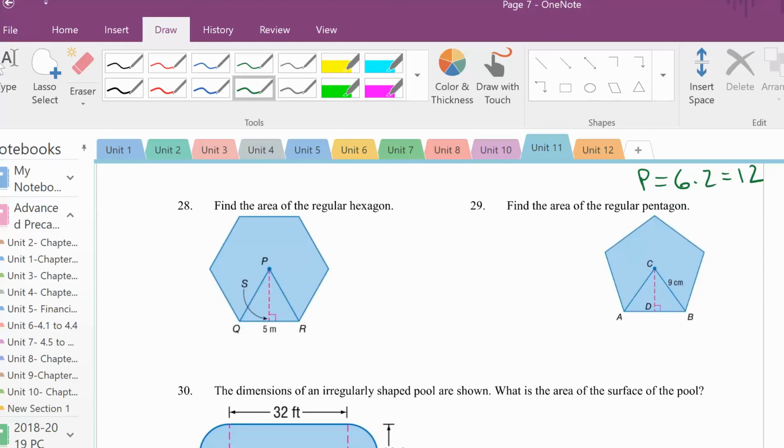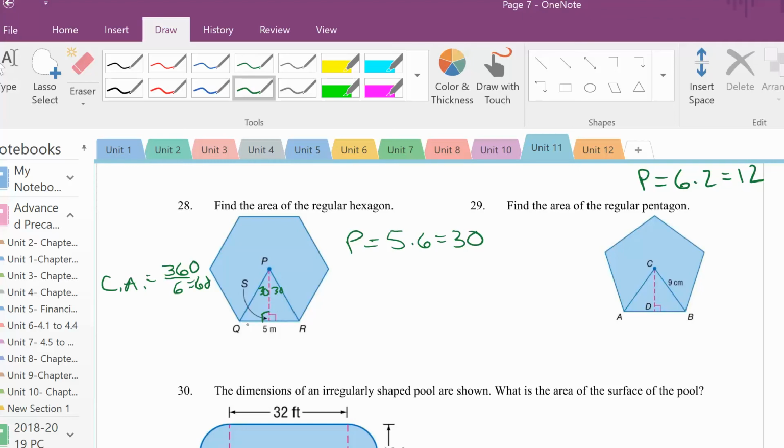The area of the regular hexagon here, well, we know the perimeter is equal to 5 times 6, which is 30. We just need to find the apothem. Well, in a hexagon, the central angle is 360 divided by 6, which is 60, which means each part here is 30 and 30.